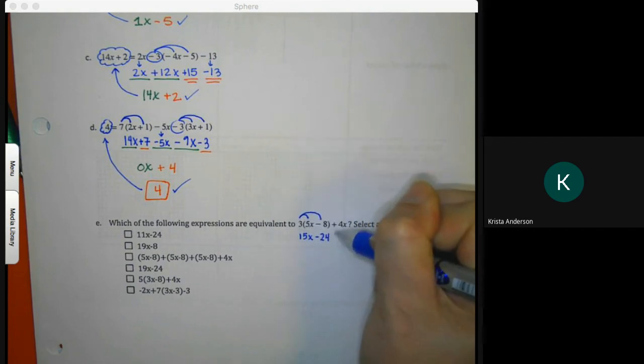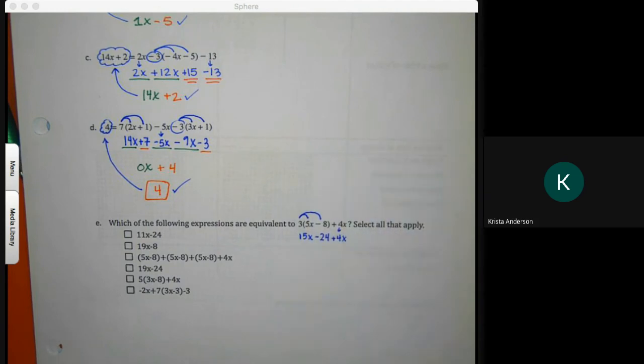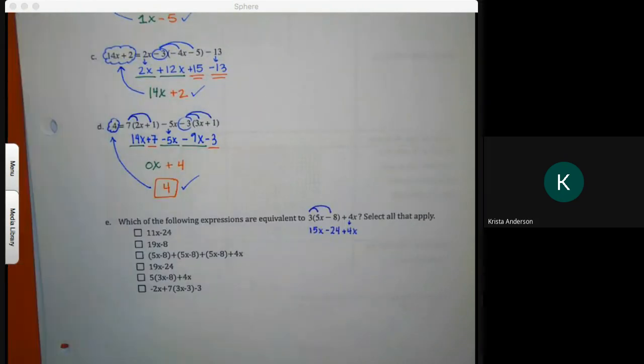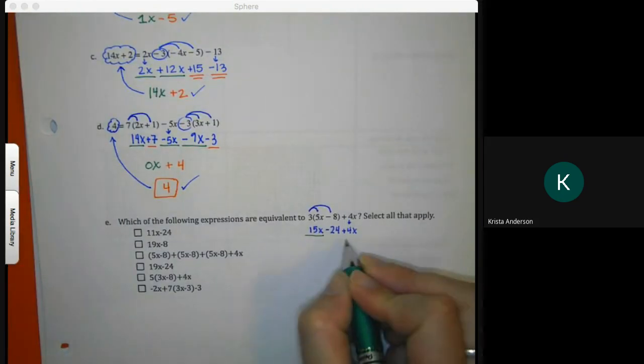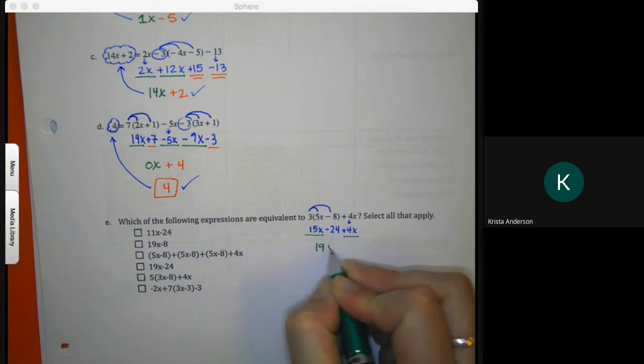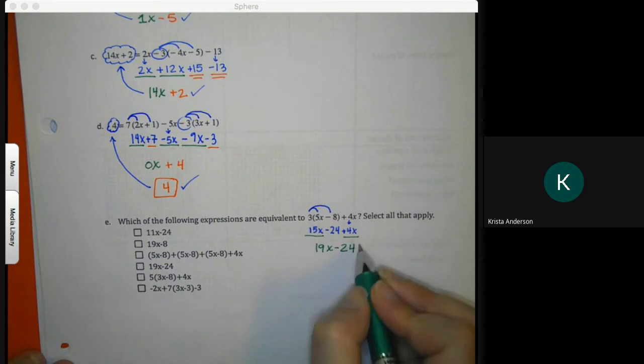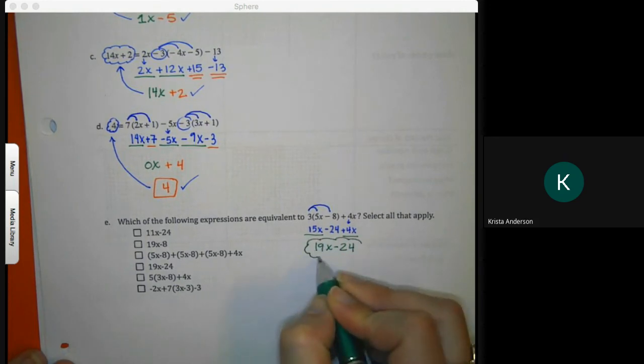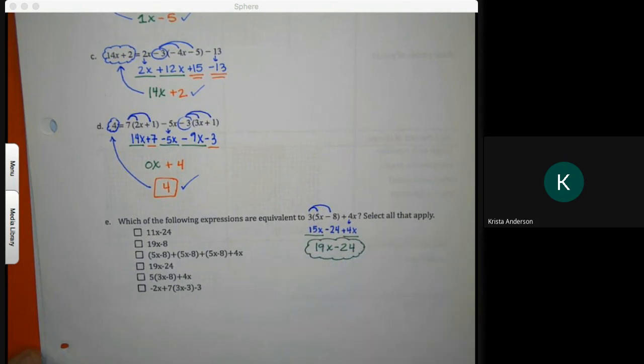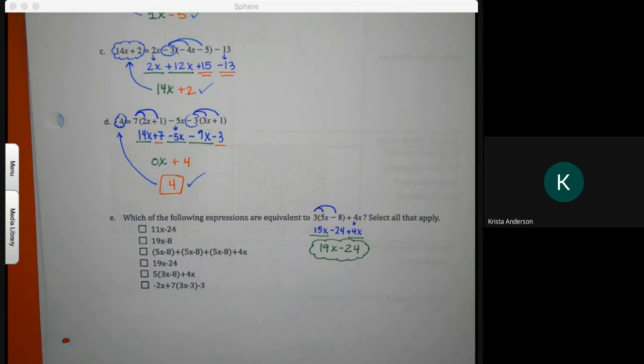And there's a plus 4x that I don't multiply by because it's outside of the parentheses. When I combine my x's, that gives me 19x minus 24. Does anybody see this one in our list? 19x. Yeah? I'm going to check it off.